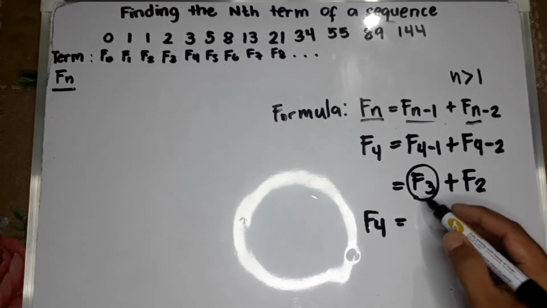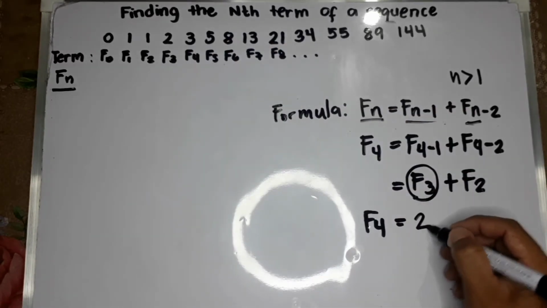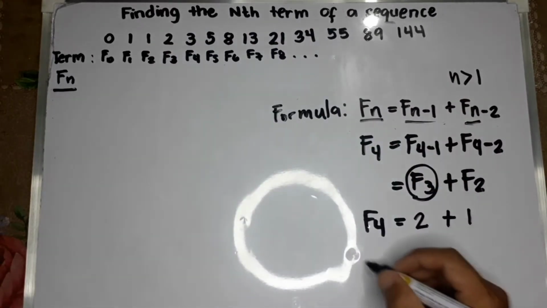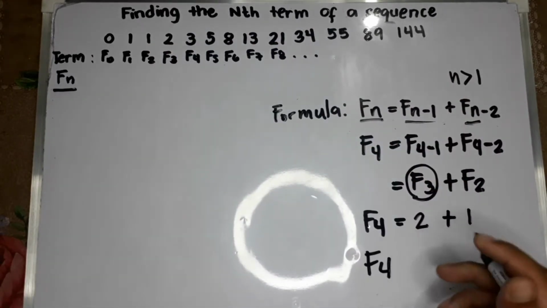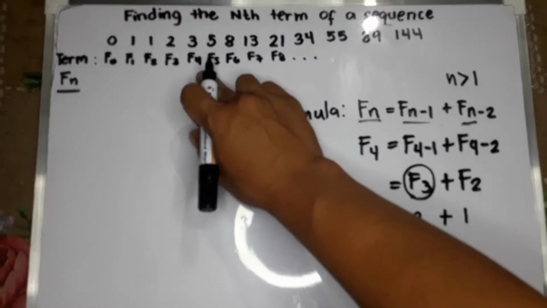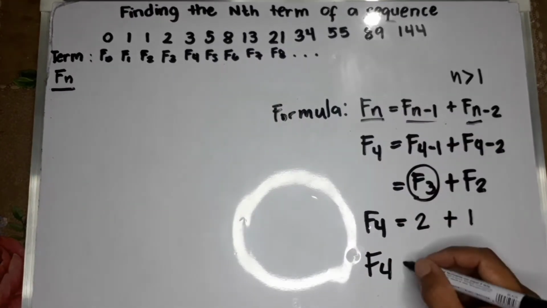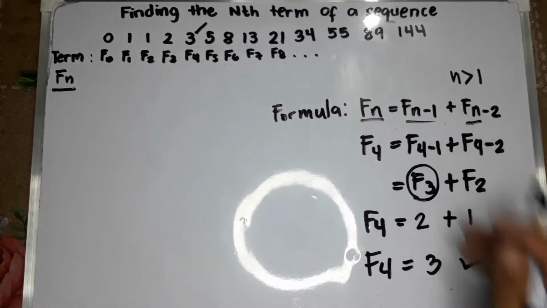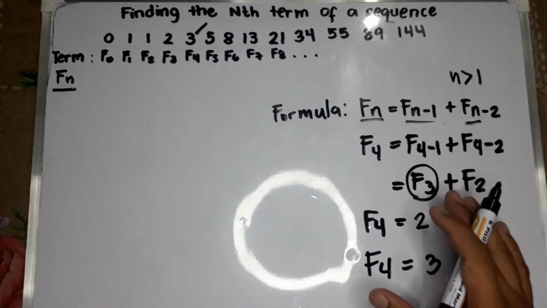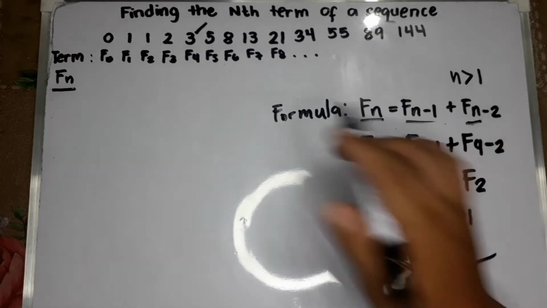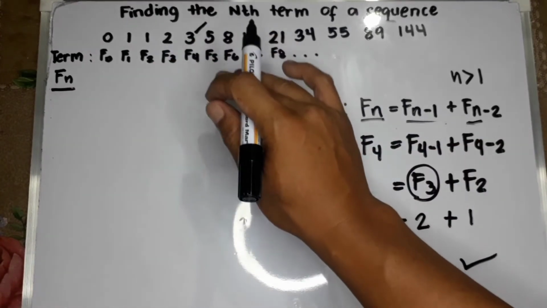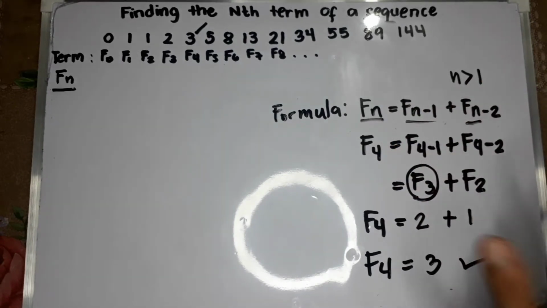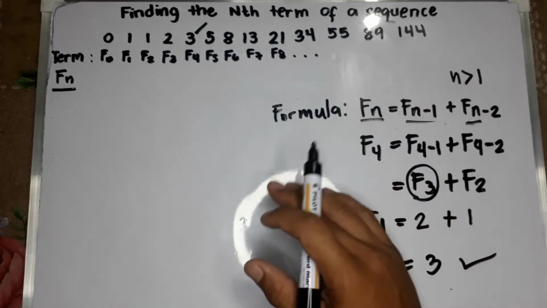So we have f3 is equal to 2 and f2 is equal to 1. So our value for f4, or the fourth term, is equal to 3. So it is correct. So this is the formula on how to get the numbers in the Fibonacci sequence, especially if there are preceding terms.